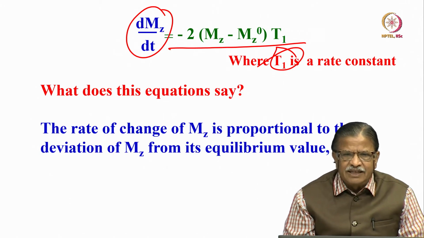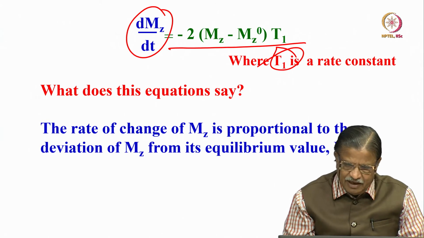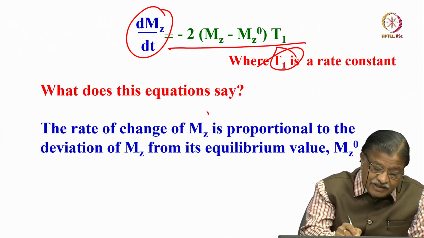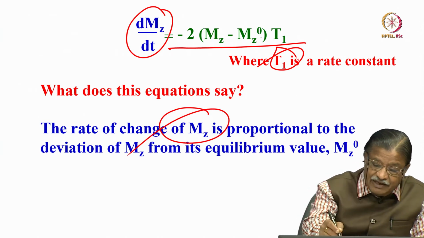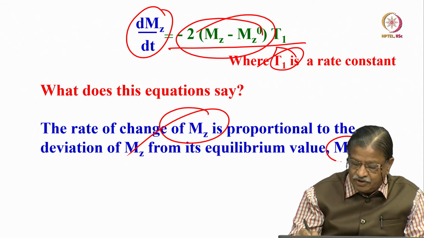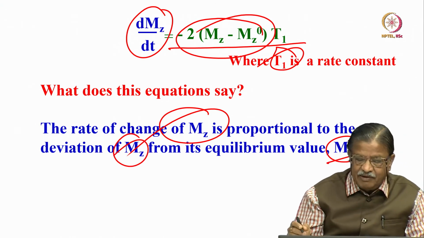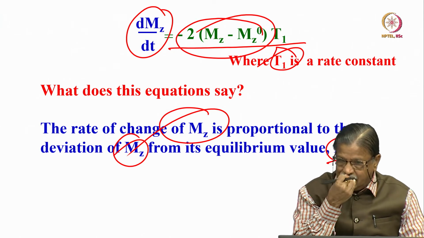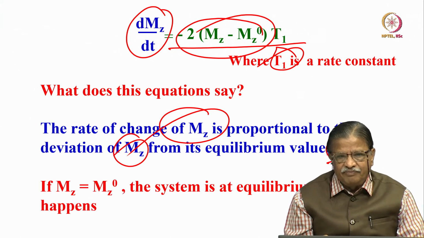So what does this equation tell you? It is simple arithmetic we did to arrive at the equation. What does it say? The rate of change of Mz is proportional to the deviation from the equilibrium magnetization Mz0. The rate of change of Mz is proportional to the deviation of Mz from its equilibrium value.